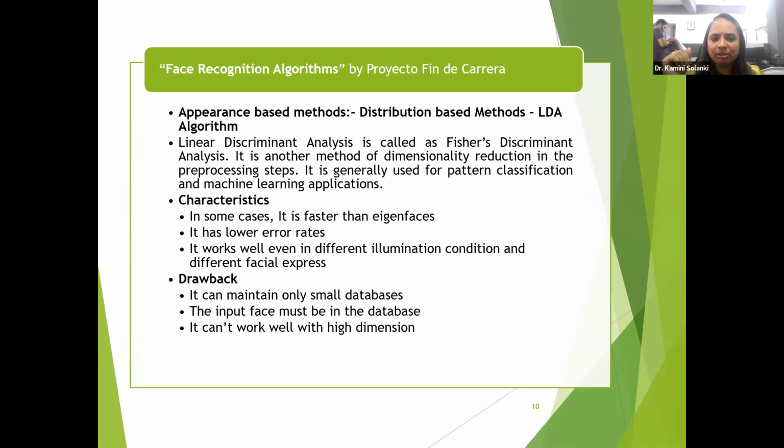In some cases it is faster than eigenvector methods, has a low error rate, and works well under different illumination conditions, meaning lighting conditions. But the drawback is that it only works on a small database. If you have a huge database, LDA cannot work well, and the recognition rate will decrease.